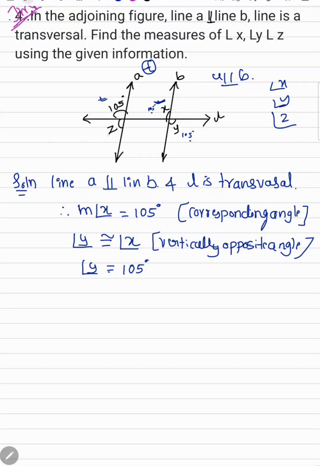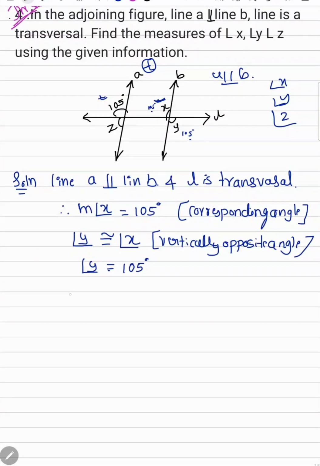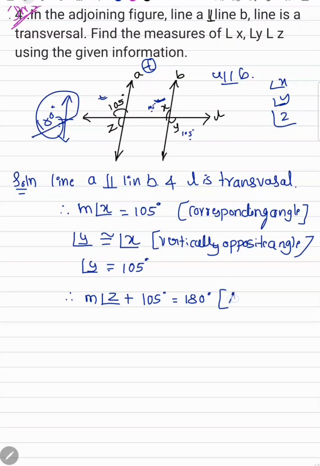Then we find the angle Z. Therefore, measure of angle Z plus 105 degrees equals 180 degrees. This one, what is it? Linear pair. How much value is it? 180 degrees.